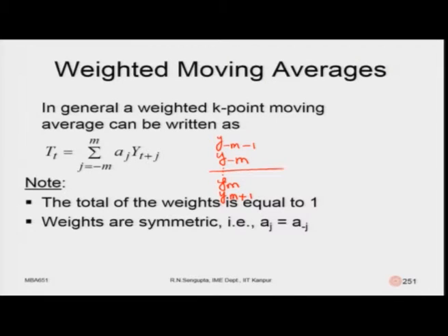I want to find out the middle value somewhere here. For this one I am obviously not taking any weights, because this is out of the purview, as the summation is being done from minus m to plus m. I will give a weight of a minus m; this one is also not there. So this would not come. I am putting a cross here. The cross does not signify a variable or symbol, it is just a cross, it is not considered. I will utilize another color to give the cross. Let me use the blue one. This is a cross, this is also a cross.